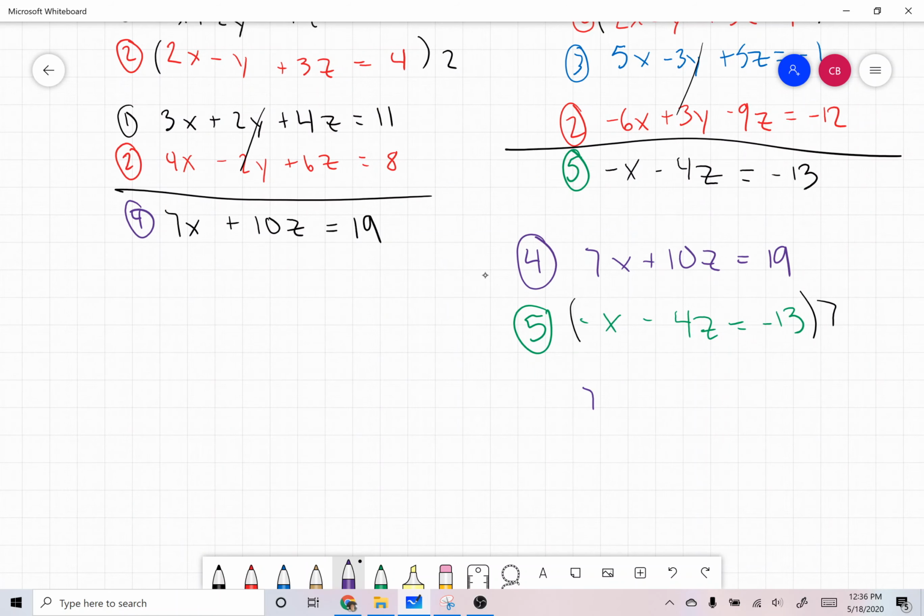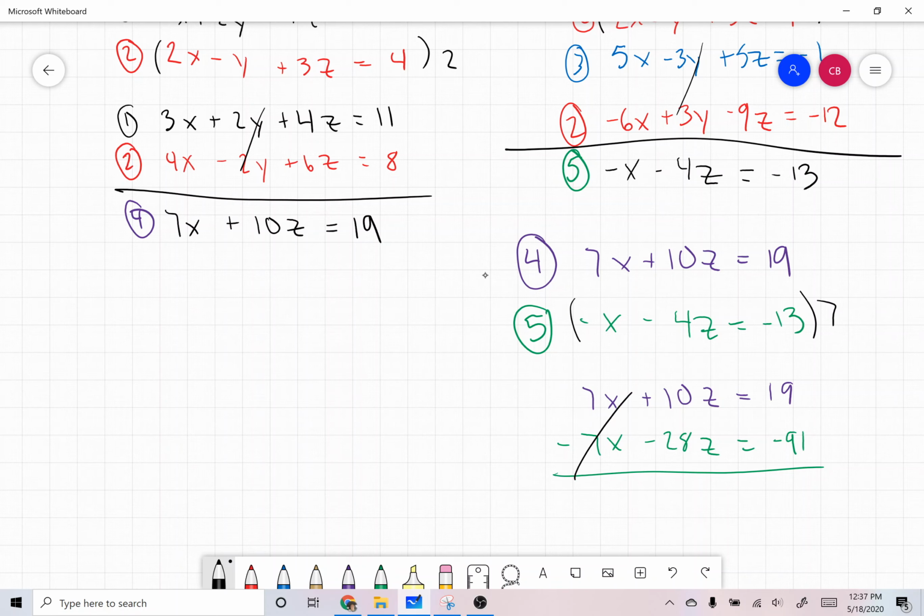This is going to be 7x plus 10z is equal to 19. And everything on the bottom is going to be multiplied by 7. So this is going to be negative 7x minus 28z is equal to 7 times 13, 91, negative 91. Okay, so we go from here.